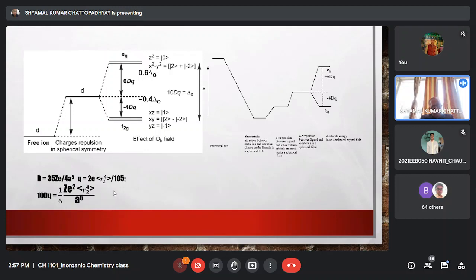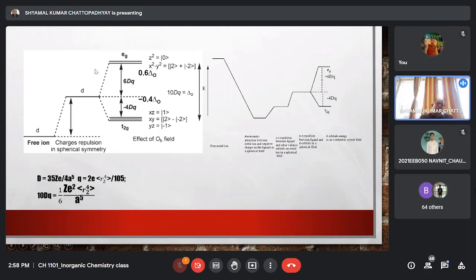So 3d orbitals have a shorter radius, 4d orbitals have a longer radius, 5d orbitals have an even longer radius. And as the radius increases, since the crystal field splitting is proportional to the fourth power of the average value of the radius, the crystal field rapidly increases. So from 3d to 4d to 5d metal ion, the crystal field splitting is expected to increase rapidly.